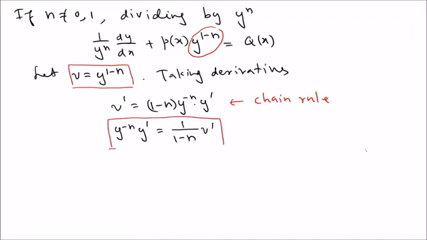Now we can substitute that in the equation. If you go back and substitute in this form, you're going to get 1 over (1-n) v prime, that's the first term, plus p(x) v equals q(x).